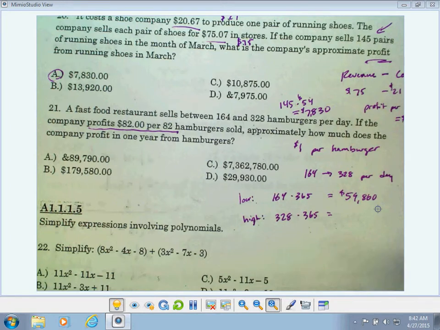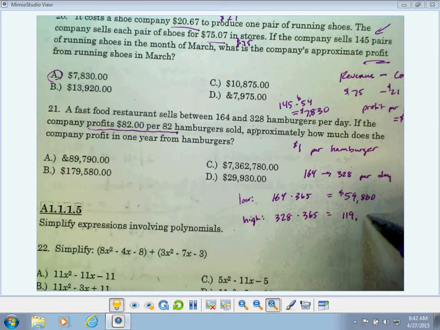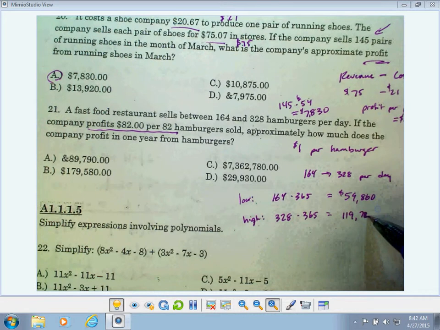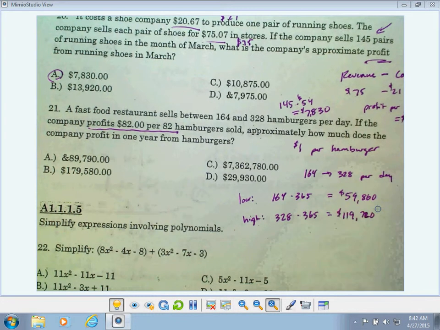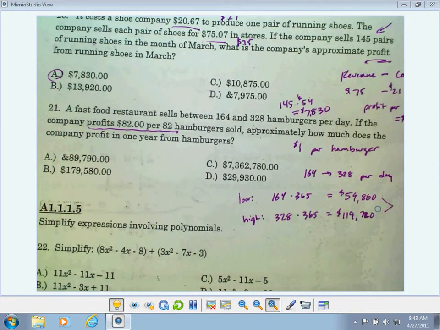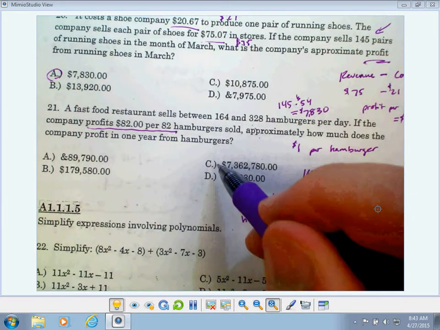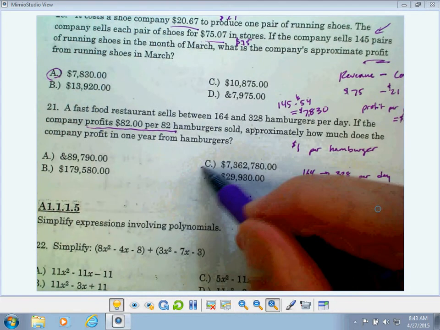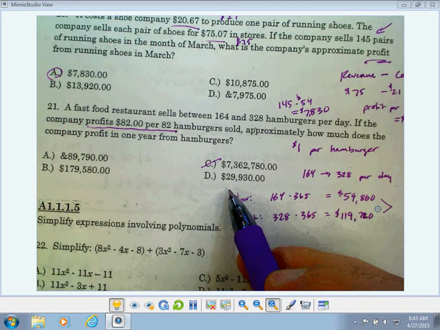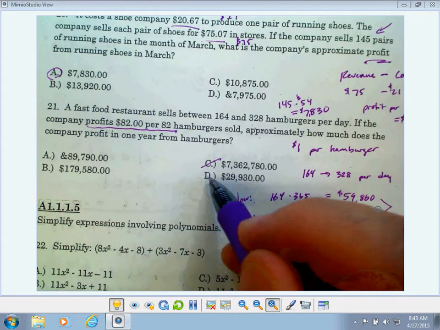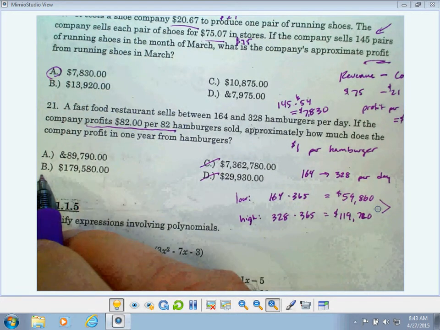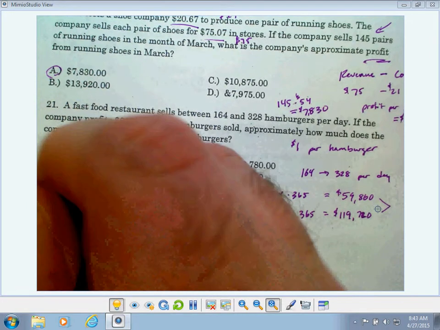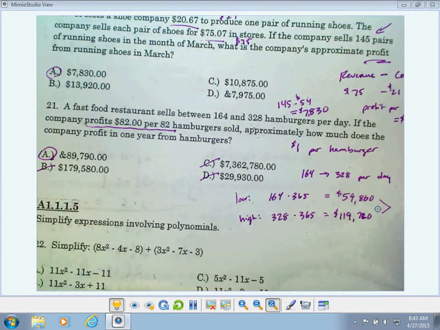That would be 119,720. So our estimate of profit should be somewhere between these two, right? So obviously C is no good, right? We're not talking profits in the millions here. D would be lower than the lowest one, and B would be higher than the highest one. So you can see that A is the correct choice here because it's the one that falls in between our two potential estimates.